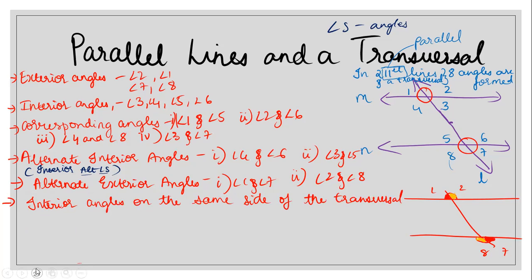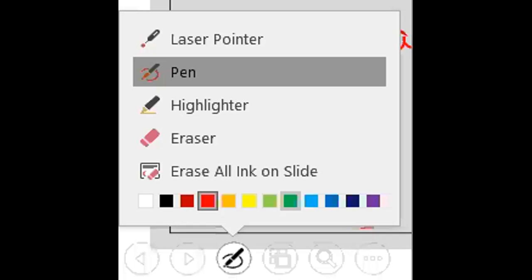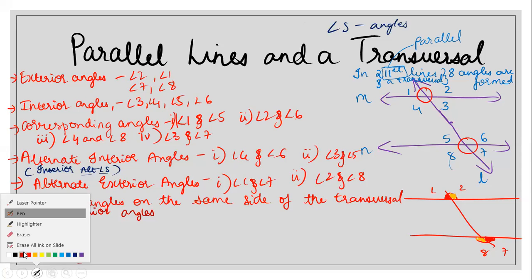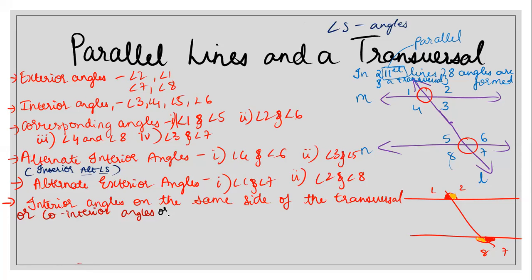We call this interior angles on the same side of transversal, or we call it co-interior angles, or we also call it allied angles.